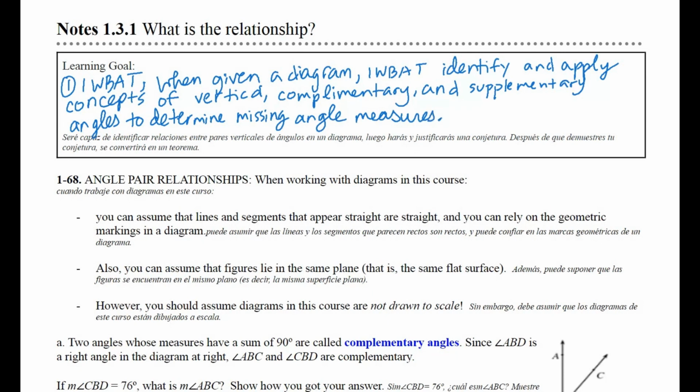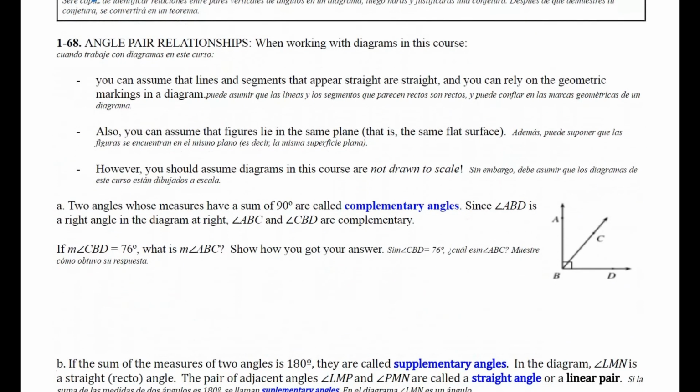And we'll get right to it. Now 168. Angle pair relationships. When working with diagrams in this class, we can assume that lines and segments that appear straight are straight. And we can rely on geometric markings. So for example, you can assume that this is a triangle, even though, in truth, I didn't draw perfectly straight lines.